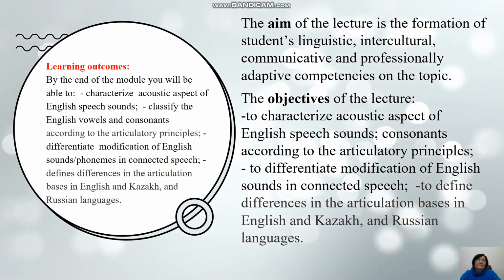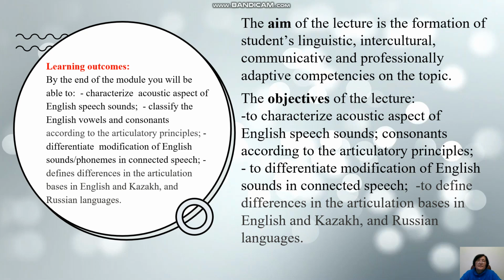The aim of the lecture is formation of students' linguistic, intercultural, communicative, professional, adaptive competencies on the topic. The objectives of the lecture: to characterize the acoustic aspect of English speech sounds, consonants according to the articulatory principles, to differentiate modification of English sounds in connected speech, to define differences in the articulation bases in English and Kazakh and Russian languages.